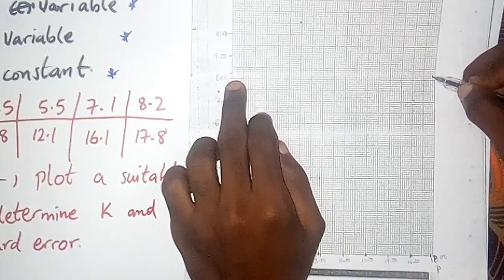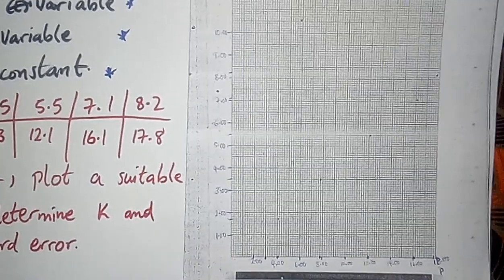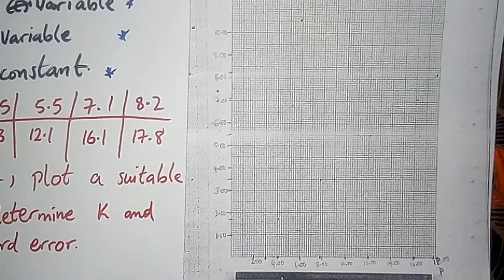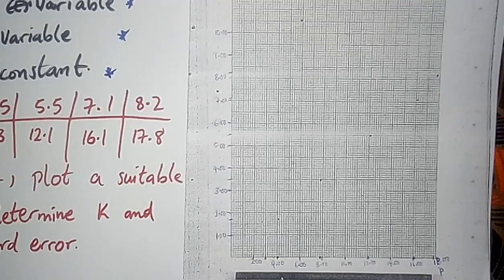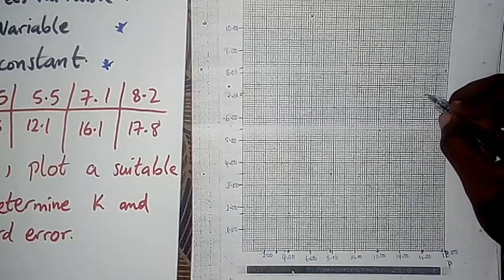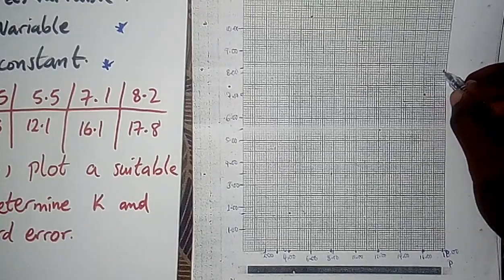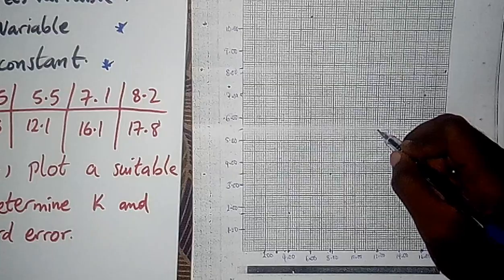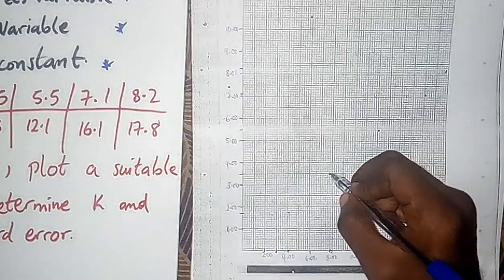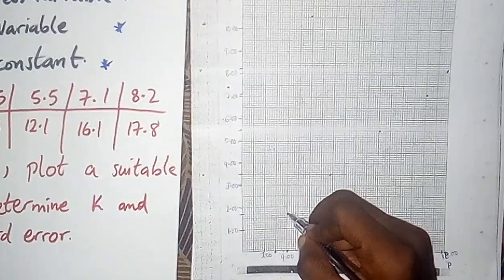Okay, this is it. So now this is our graph. So join the points with our line of best fit. So let me make the points clearer. I'm saying that the camera is not that clear.